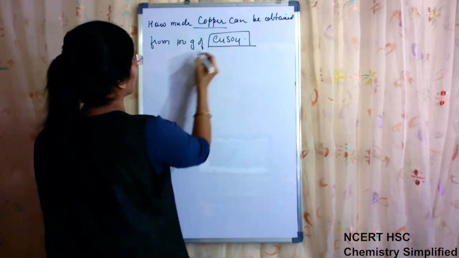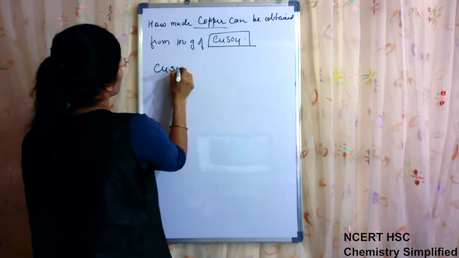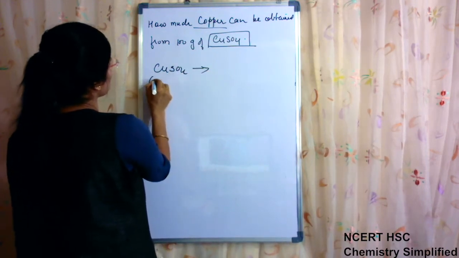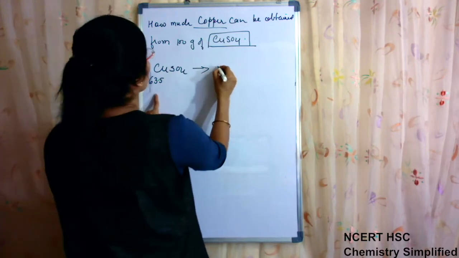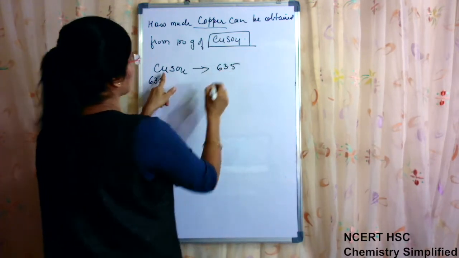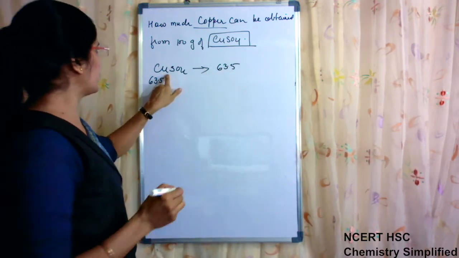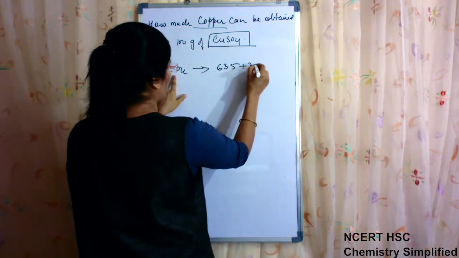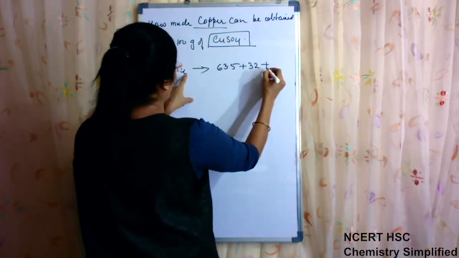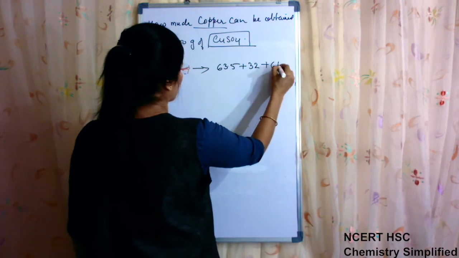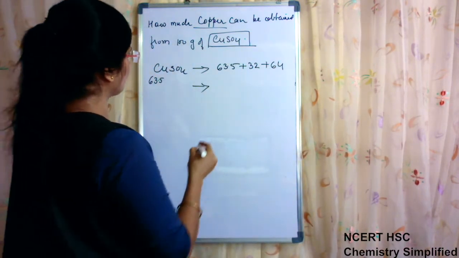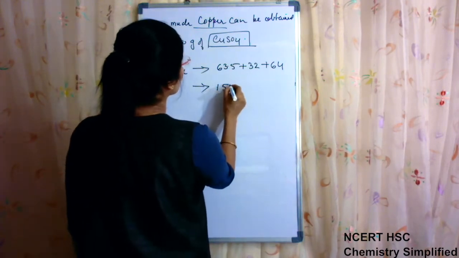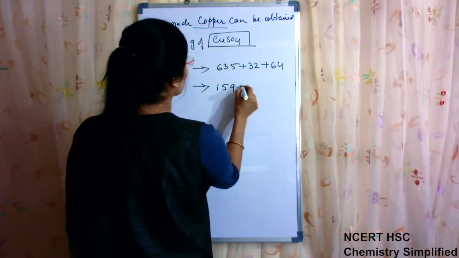So for copper sulfate, CuSO4, copper is 63.5. 63.5 is the atomic mass of copper, sulfur is 32 and oxygen 16 into 4, 64. So that will come total 159.5.